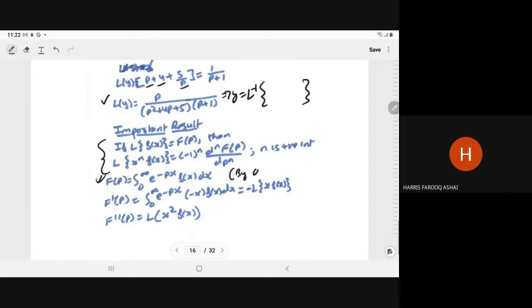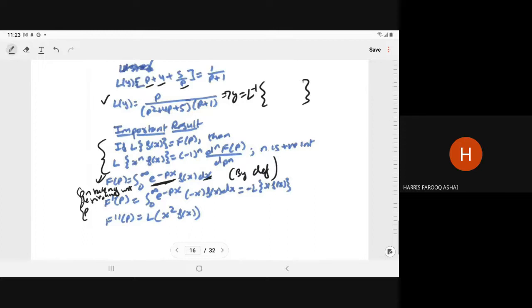By definition, we have this. So if you take the derivative with respect to p on both sides, the left-hand side will become F'(p), equal to the integral from 0 to infinity, because this integral is with respect to x, so only e^(-px) will be differentiated, giving e^(-px) into minus x f(x) dx.